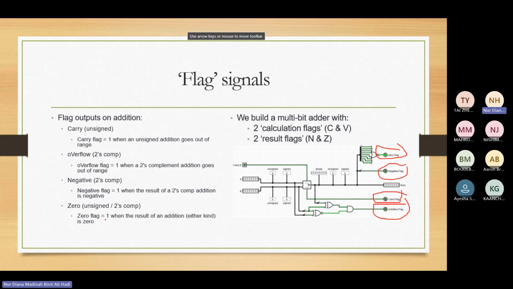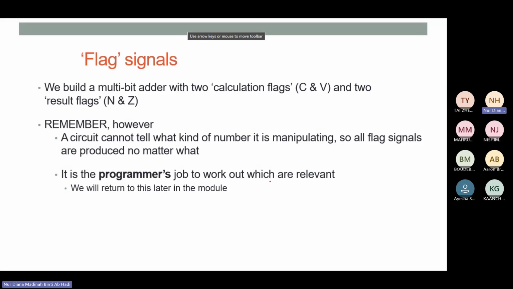The zero flag becomes 1 when your result of addition is equal to 0. But you have to remember, a circuit cannot tell what kind of number it is manipulating. So all flag signals are produced no matter what. It is you as the programmer to work out which one is relevant.